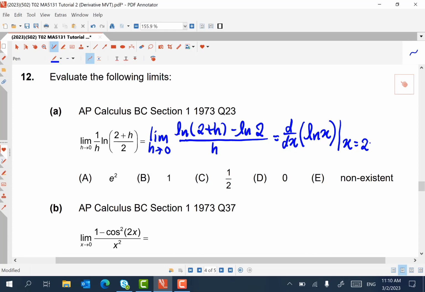This is not so difficult. So the answer to part A in this case is again.